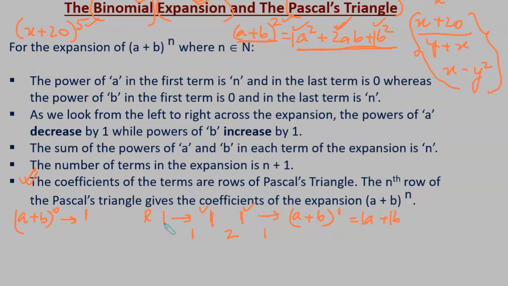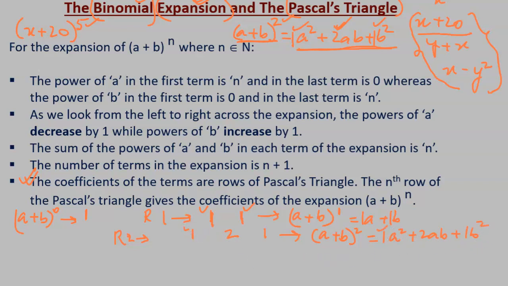That is, the row number will have row number plus 1 numbers. This is row 2, so it is 2 plus 1, and we have 3 numbers in this row. So this corresponds to a plus b raised to the power of 2, which is equal to 1 times a square plus 2 times ab plus 1 times b square.